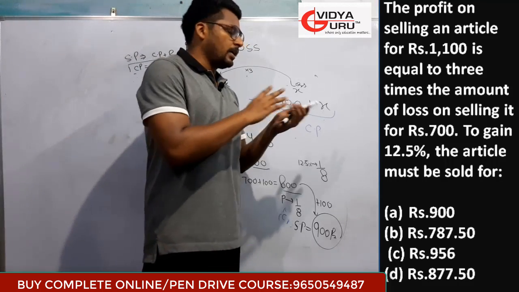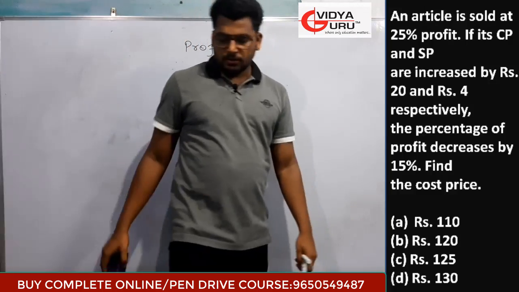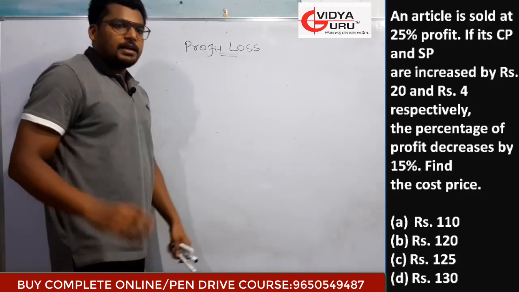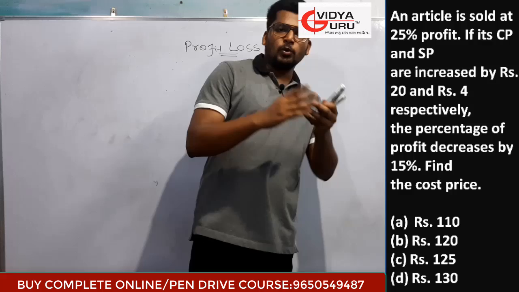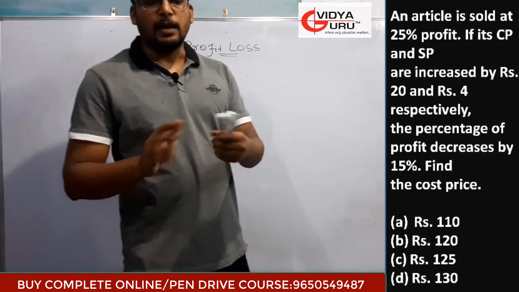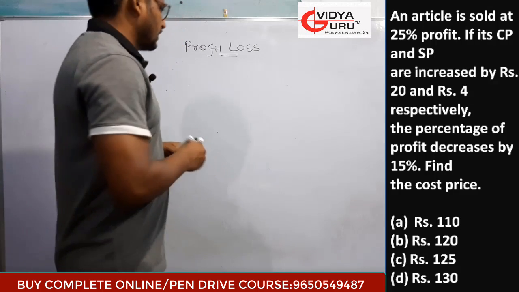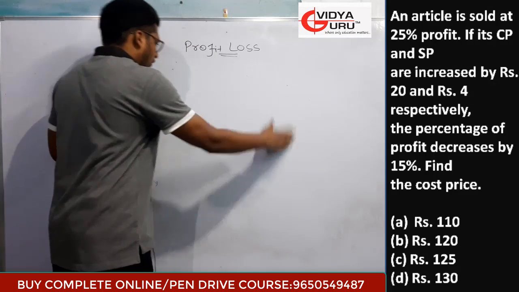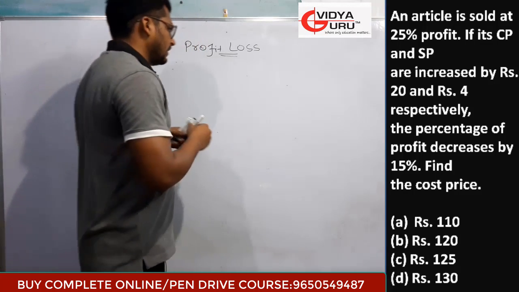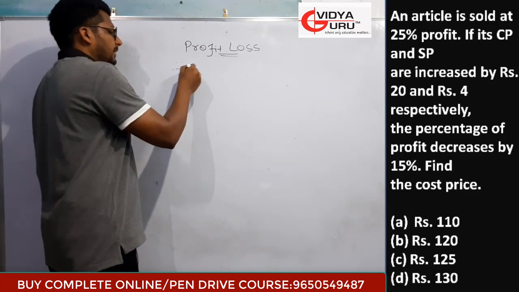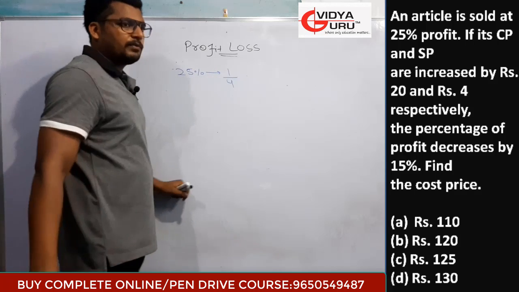So coming on to our next question. The next question is saying an article is sold at 25% profit, and CP and SP both are increased and the profit changes. Then the question is asking what is the CP. As we know, in the first statement of the question there is a profit of 25%. 25% means 1 by 4.